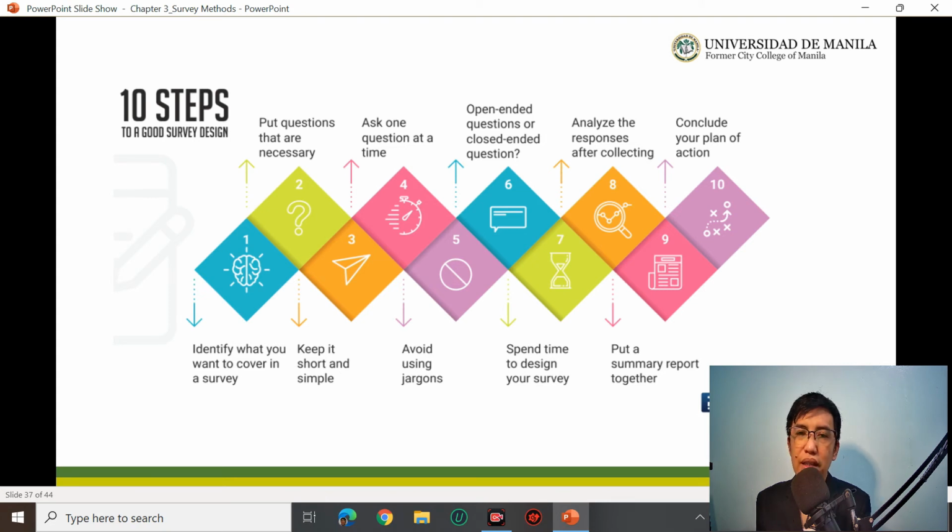Okay? And yung reliability is that we would like to ensure the consistency of the results. Kasi nga, we would like to refrain from biased opinions. Okay? That is the 10 steps to a good survey design.